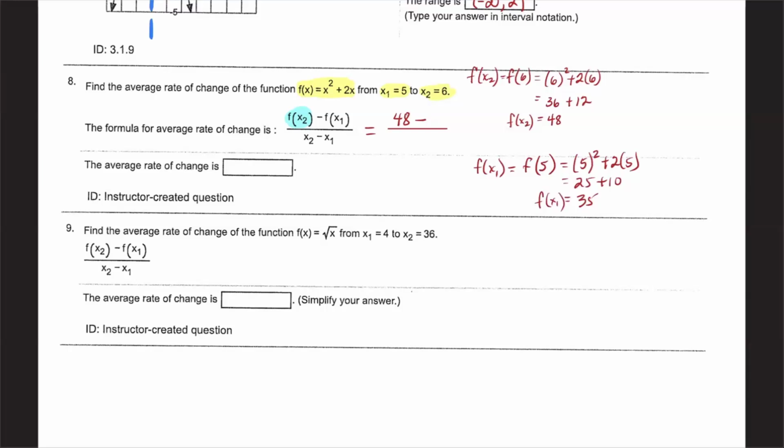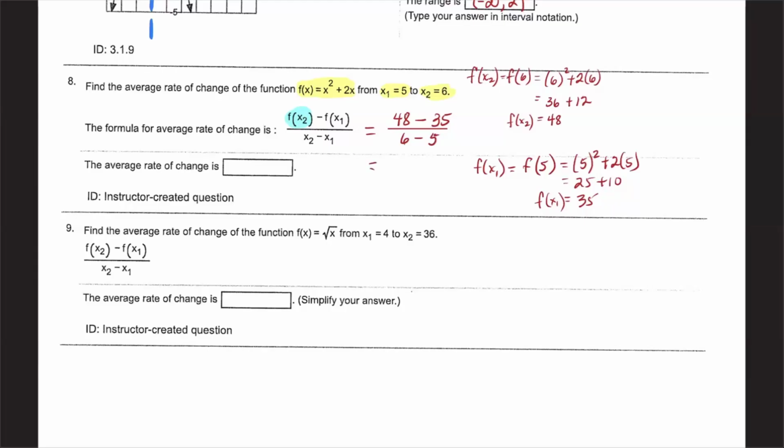So I'm going to now place the 35 into the formula where it asks for f of x sub 1. So that's 48 minus 35 over x2. But they already told you what x2 is. x2 is 6 minus x1, which is 5.